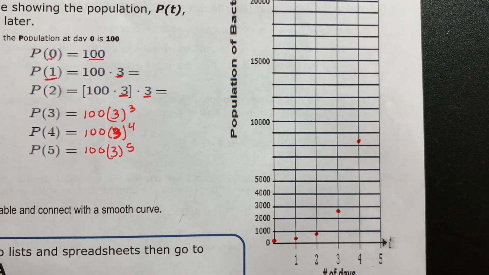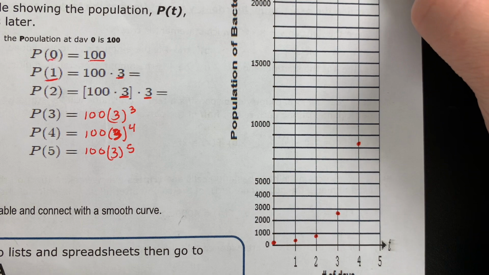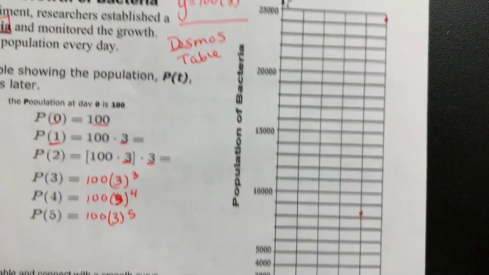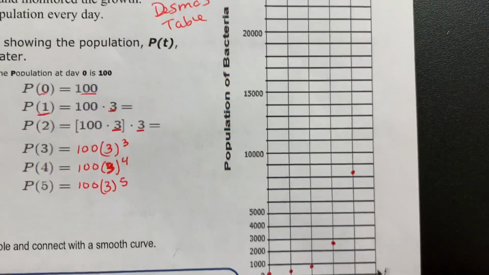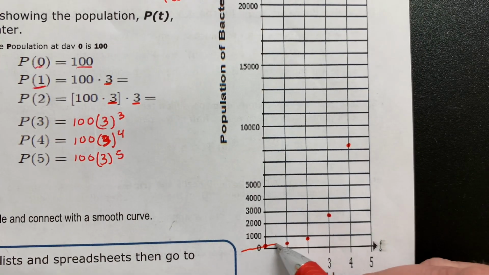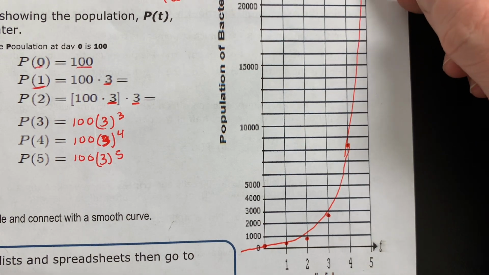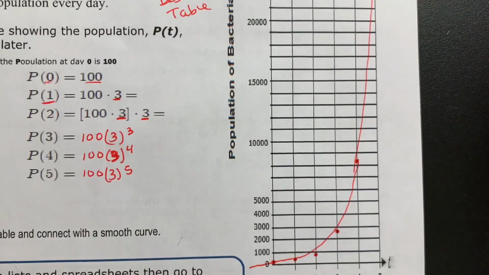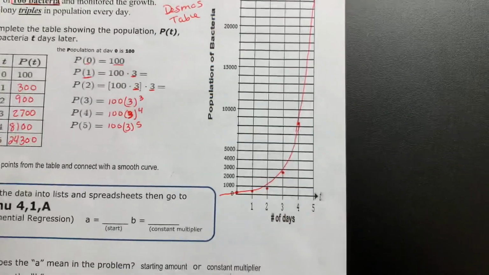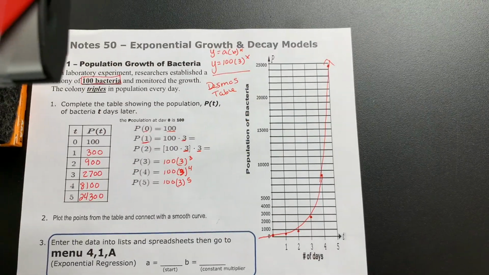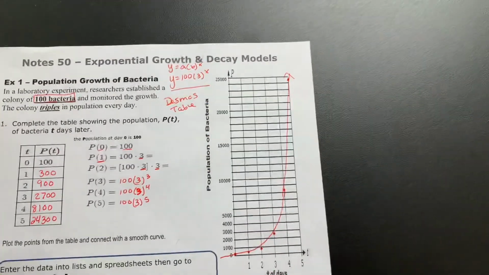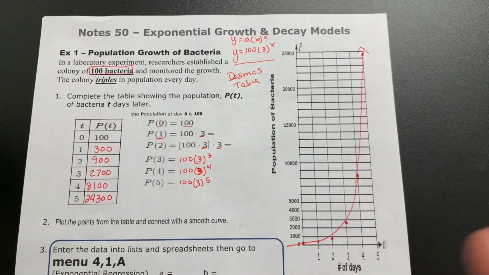And then it's going to jump all the way up to 24,300. So somewhere around there, way up there. All right, and we can see that this looks like it's taken off steep. All right, so there is our example.